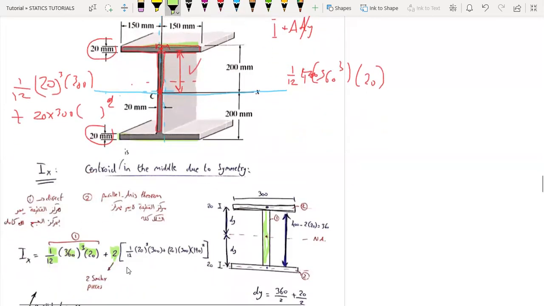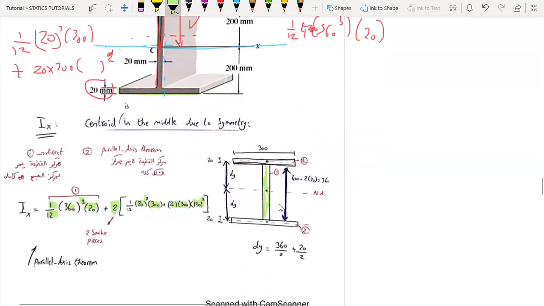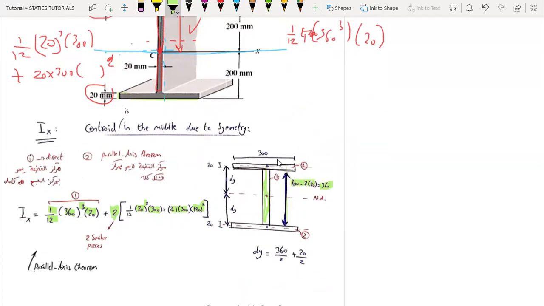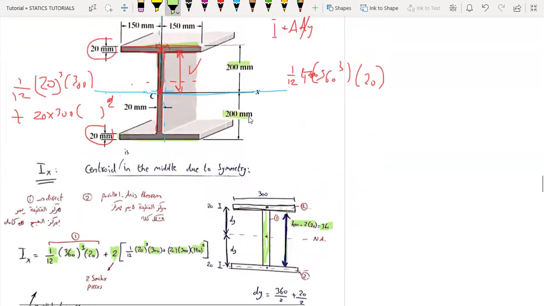So here, we have 1 over 12, 20 cubed multiplied by 300, plus the area multiplied by dy squared, which we can get easily. This total distance is 400 minus 2 multiplied by 20, which gives us 360.